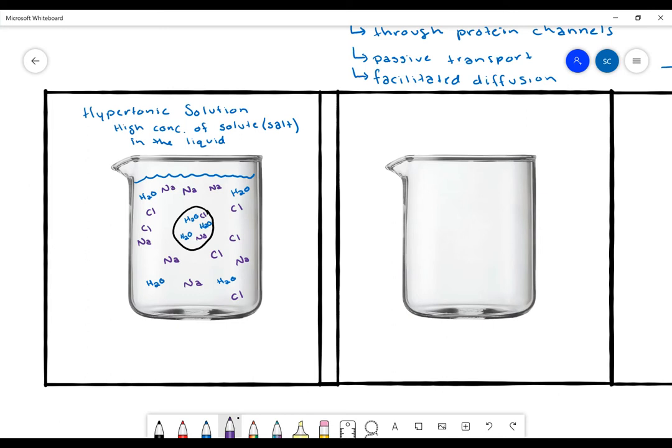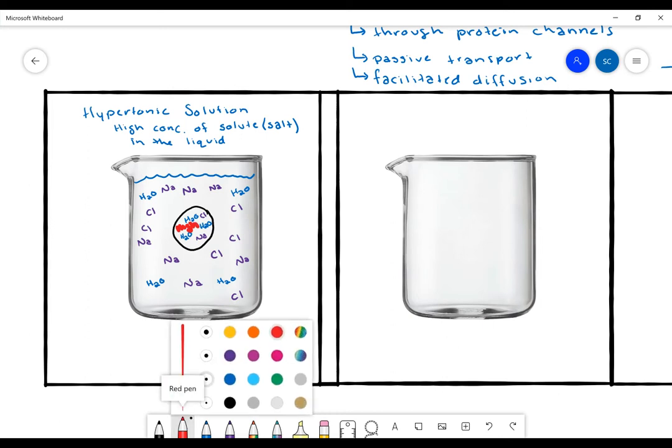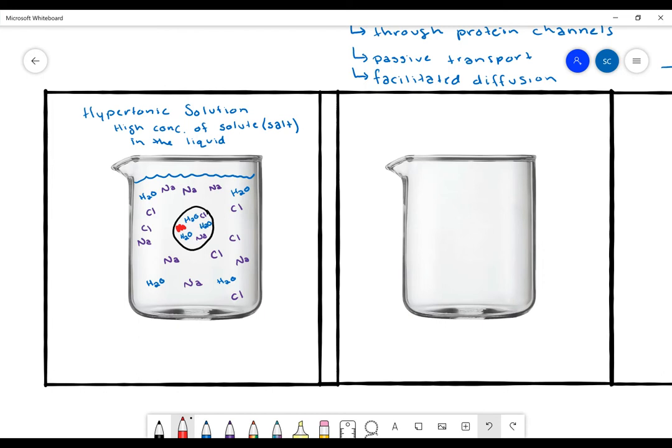So there's a higher concentration of water. Okay, so your concentration of water specifically is higher inside the cell than outside of the cell.